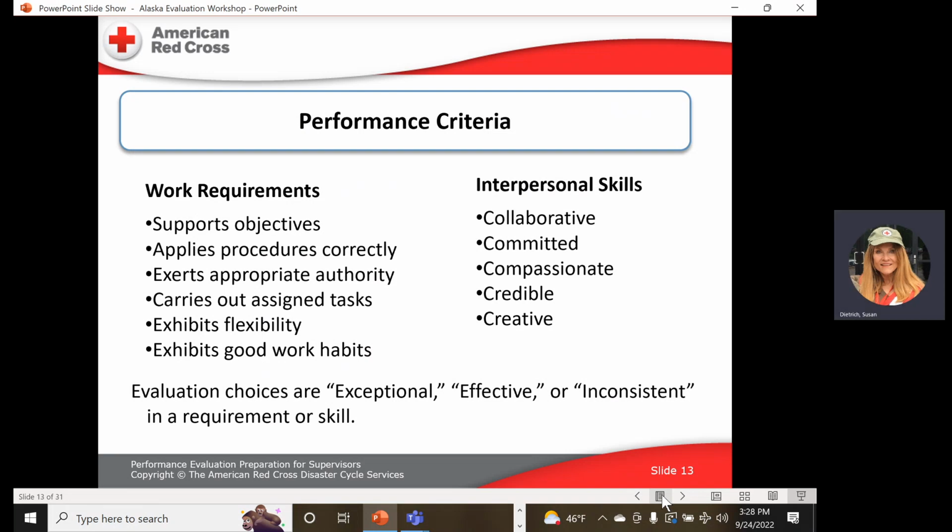Interpersonal skills, we will be rating people or evaluating people on how collaborative they are, how committed they are to Red Cross and the mission, their compassion, credibility, and creativity.